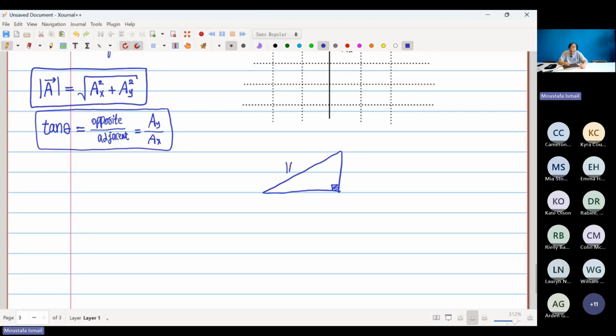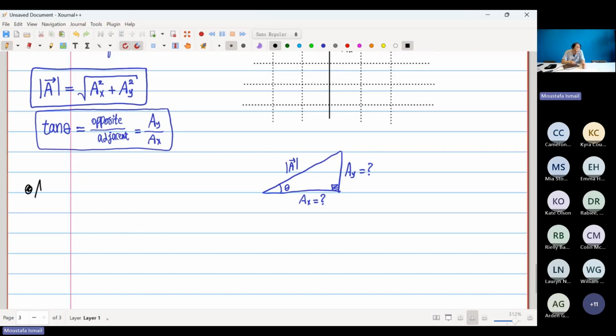This is the length of the vector. This is a right angle triangle. This is ay, this is ax, and this angle is theta. And I don't know what ay and ax are. I want to find them in terms of the length and angle, assuming that I know the length and angle.